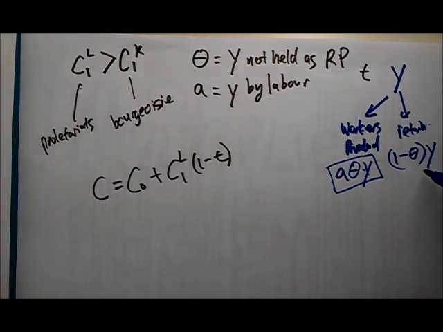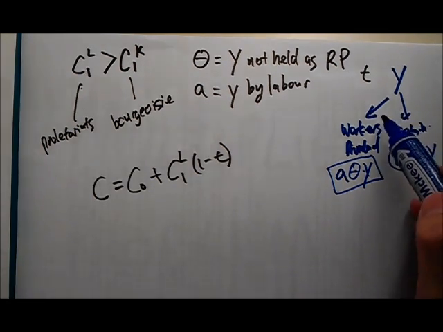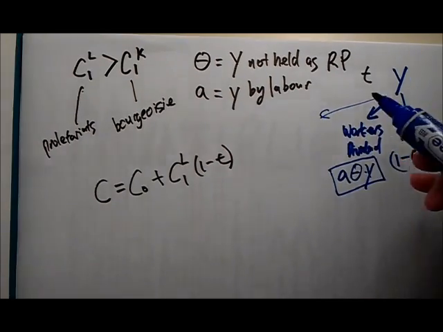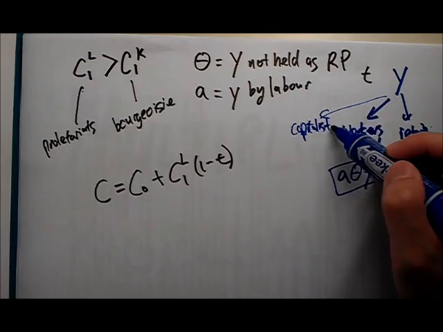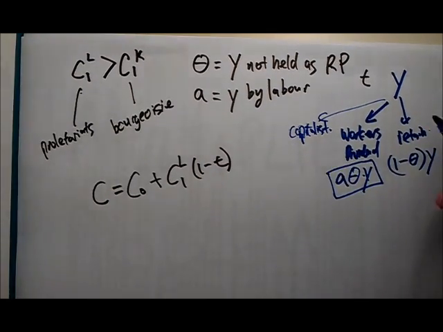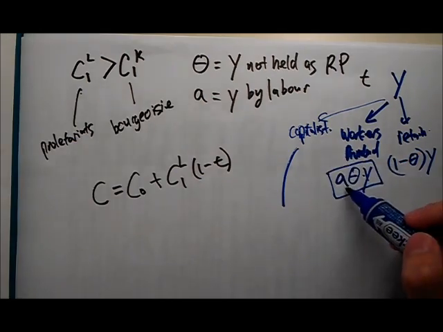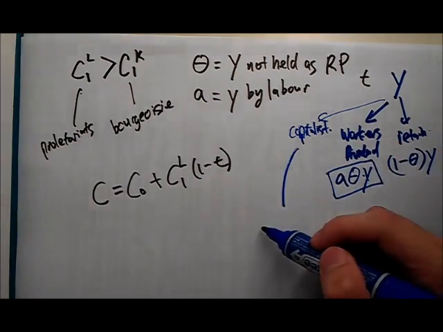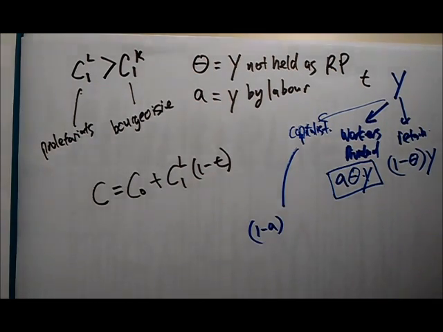Sorry, I forgot to mention there's another part: the capitalist class, the people that earn money from capital. Since alpha is the income share of the laborers, 1 minus alpha is the income share of the capitalist class.